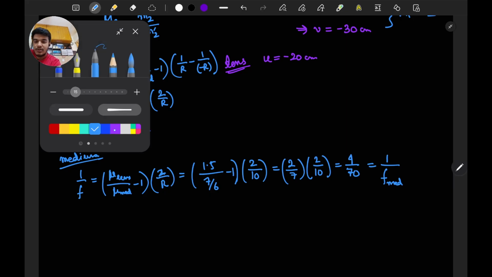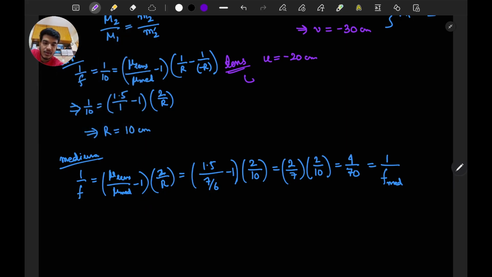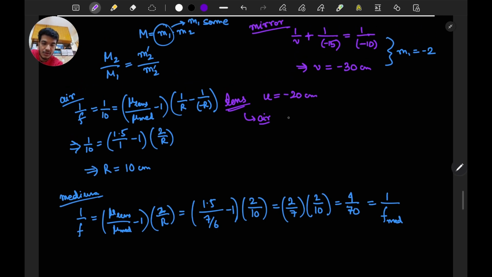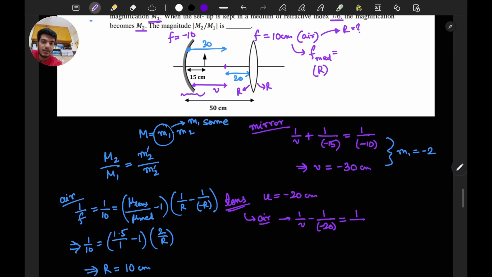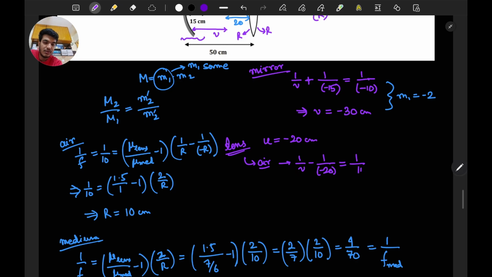So let us now do it for the air medium. Let us find the M2 magnification value. So this is 1 by V minus 1 by U, which is minus 20, equals 1 by F. Now since it's convex, we have a positive focal length, so this is 10.